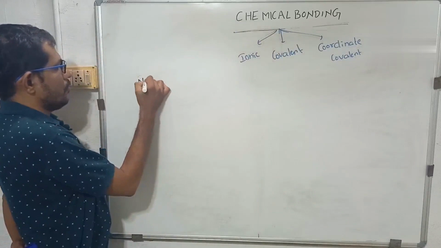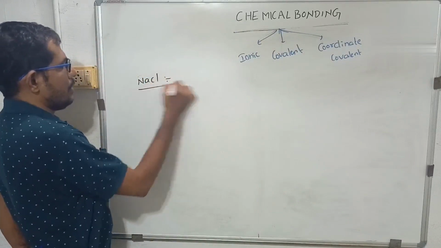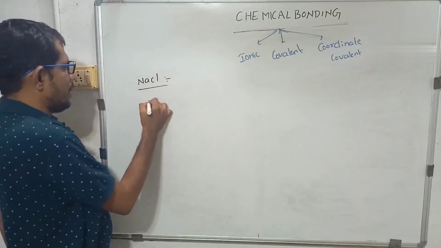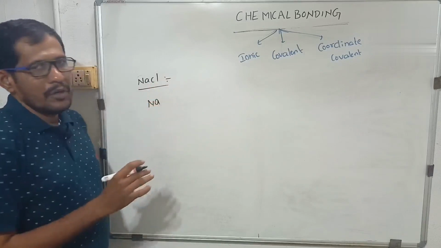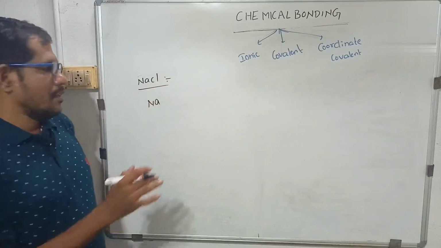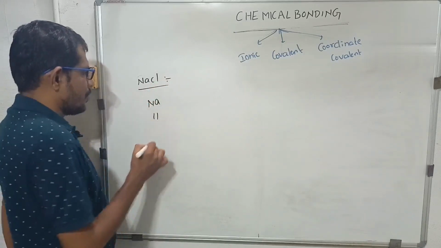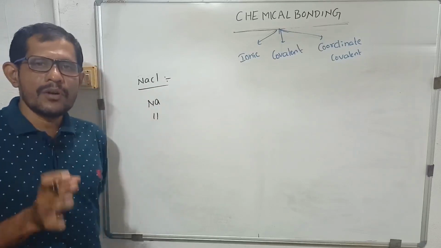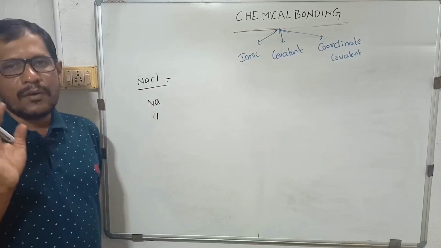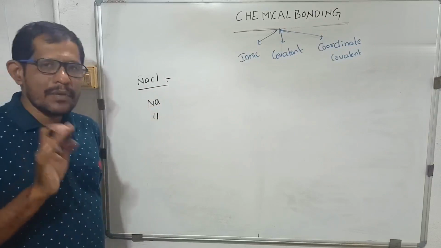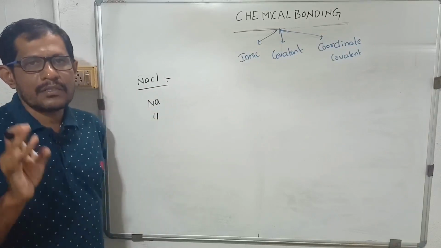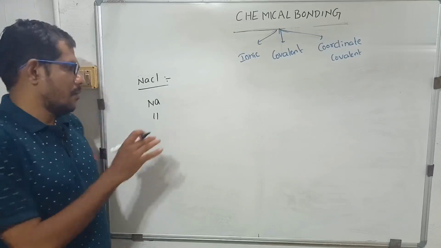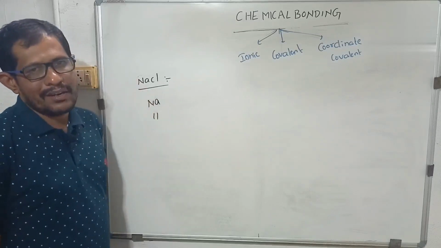First write the metal. Metal always loses electrons. What is the atomic number of sodium? 11. The atomic number is equal to the number of electrons and number of protons for a neutral atom. So sodium has 11 electrons.